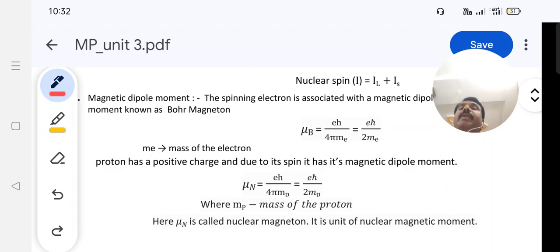In a similar way, the proton has positive charge, and due to its spin, it is going to have a magnetic dipole moment.